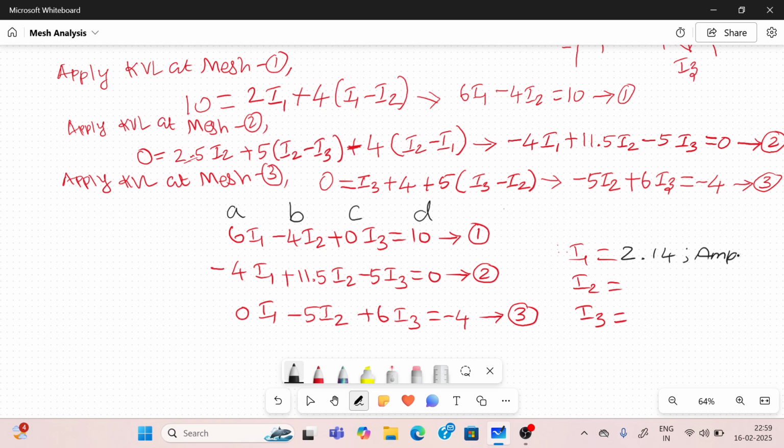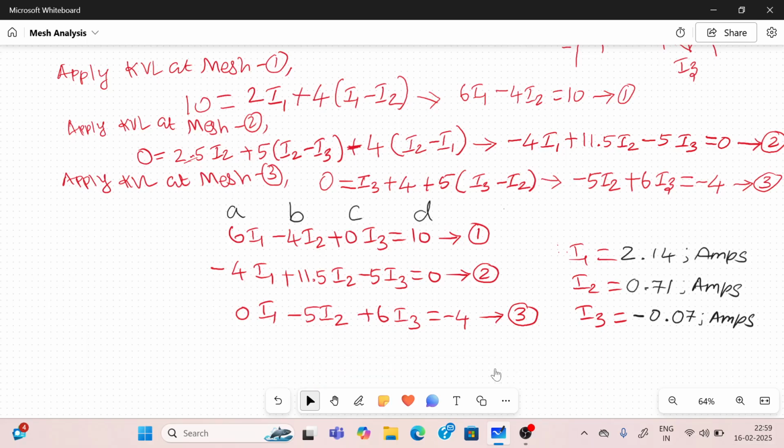Then I2 is 0.71 amps. Next I3 is minus 0.07 amps. If you get a minus for I3, we have to write one line that our assumed direction is wrong. The actual current will flow in the opposite direction.